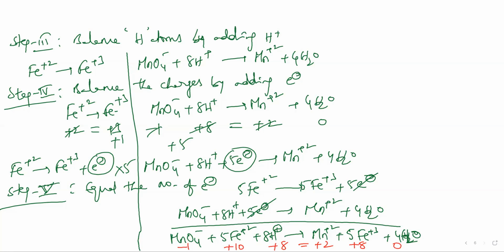Sorry, 5 into plus 3, it is 15, right? This is 15. Then plus 2 plus 15 gives plus 17 on the RHS. LHS: minus 1 plus 10 is 9, 9 plus 8 is 17. So on both sides we are having plus 17. So this is a correctly balanced equation. Done.